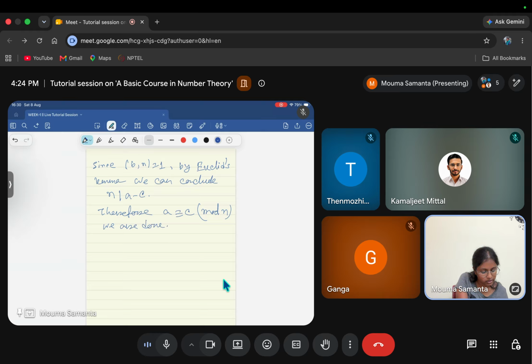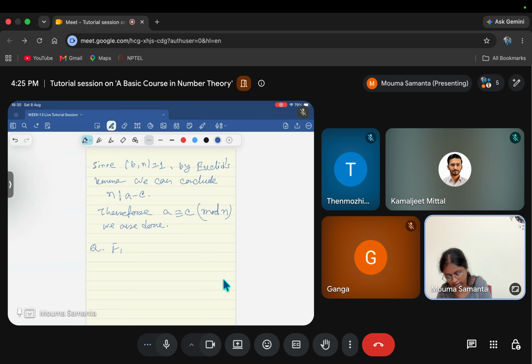So let's solve some problems to see how this congruence relation works. These theorems are very familiar, similar to those we have seen in lectures. Now we will solve some questions related to that congruence relation.